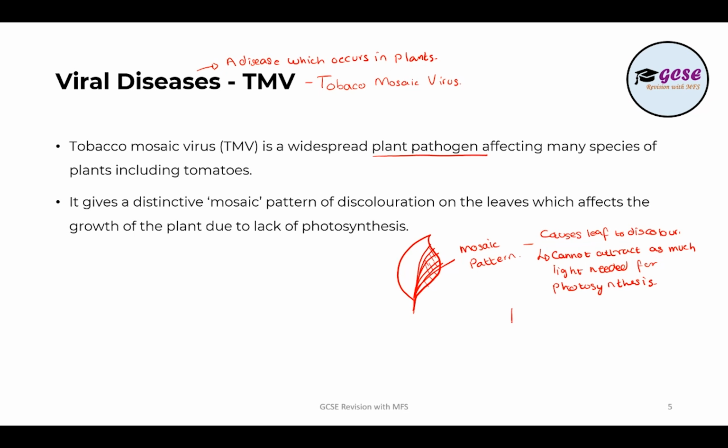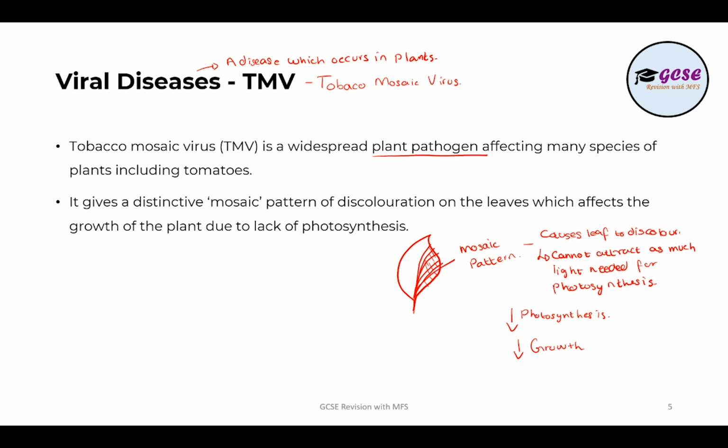So this means less photosynthesis is going to occur. And if less photosynthesis occurs, the plant cannot grow. So it restricts the amount of growth occurring in the plant. And at one point, there will not be enough growth and the plant will die.